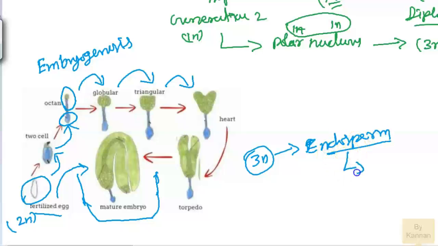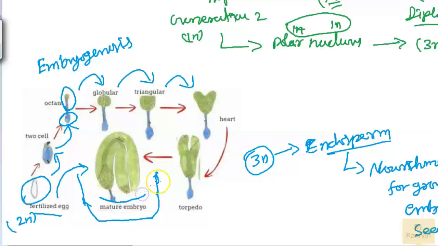So endosperm is for nourishment for the growing embryo and seeds. Even after seed germination, the baby embryo needs additional food nourishment. It gets it from the endosperm parts. Okay.